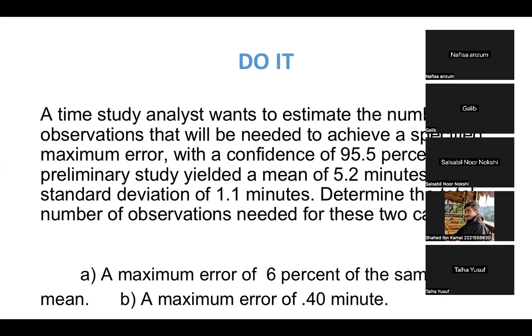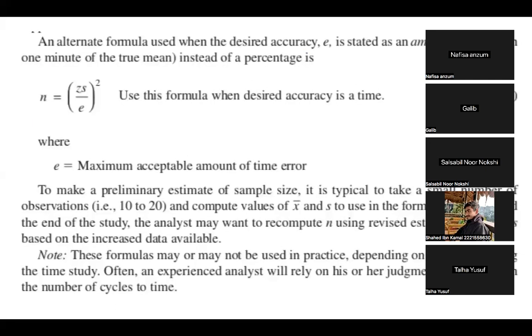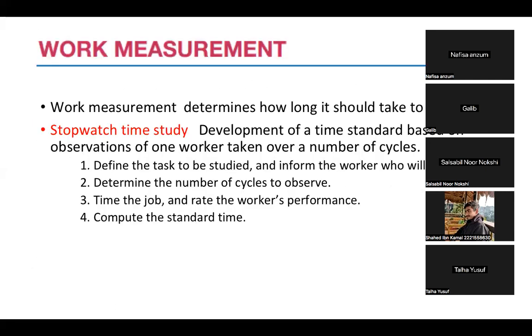If we sum up today's lecture, work measurement means how much time it will take to do a job, and this is one of the job redesign tools. We'll apply work measurement in our next class.